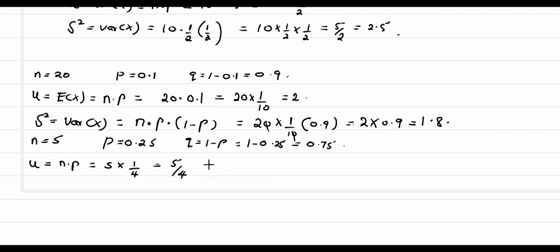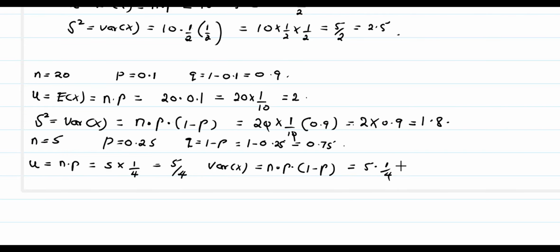Then the variance of x, given by sigma squared, equals n multiplied by p multiplied again by 1 minus p, which is the probability of failure. We already know n is 5, then multiplied by p, which is 1 over 4, 0.25. I'll change it into a fraction.